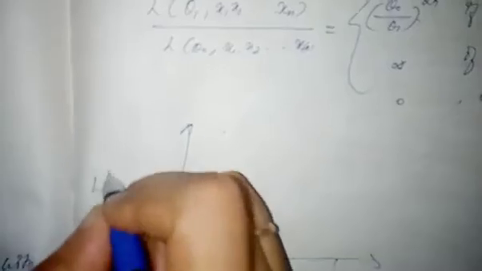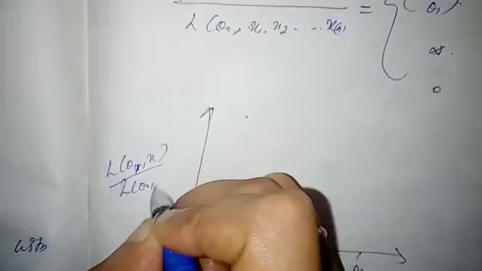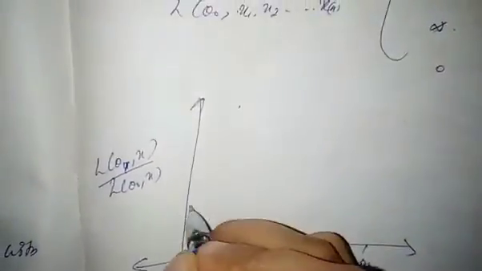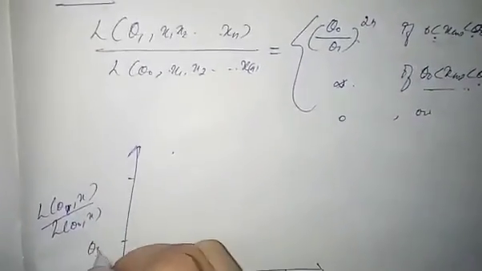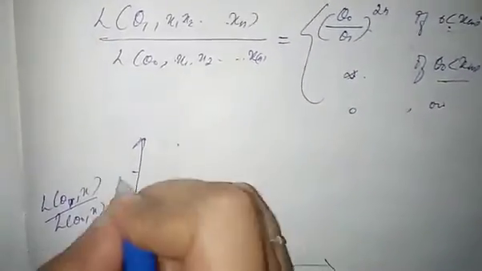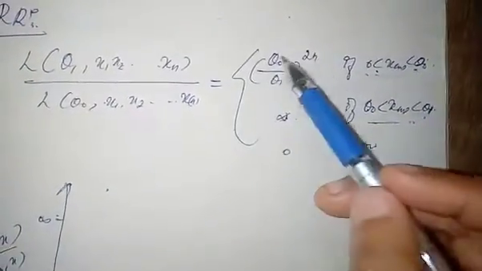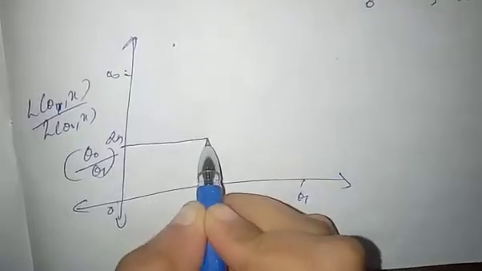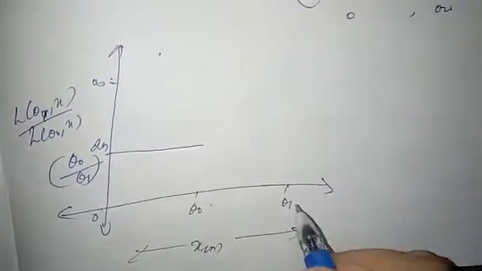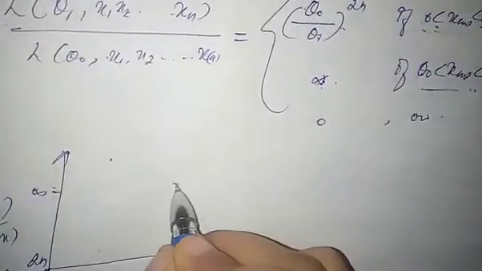Here we take the ratio L(theta 1; x) divided by L(theta naught; x). From 0 to theta naught it takes the constant value theta naught divided by theta 1 power 2n, and after theta naught to theta 1 the ratio takes the value infinite.